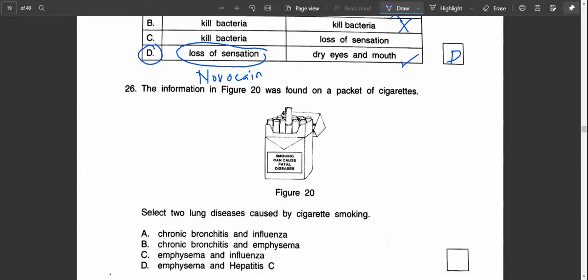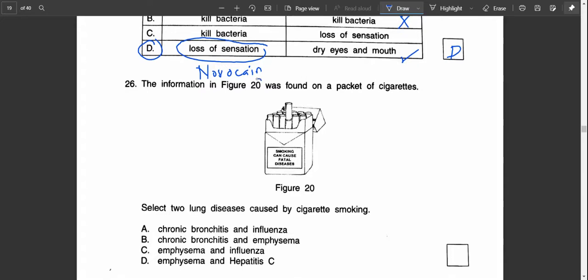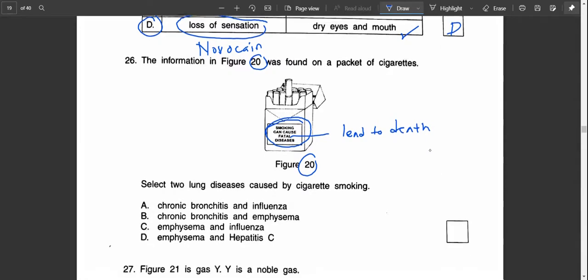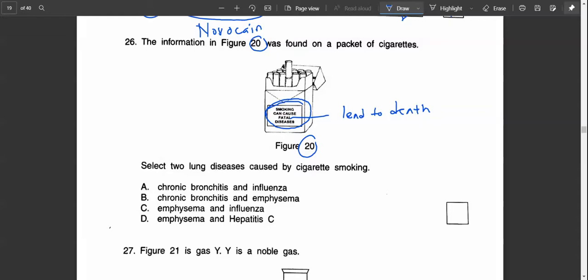26. The information in figure 20 was found on a packet of cigarettes. So smoking can cause fatal diseases. Fatal means it can lead to death. Select two lung diseases caused by cigarette smoking. Lung disease is a general term we use when we want to say what cigarettes can do, and bronchitis can be found inside the lungs.